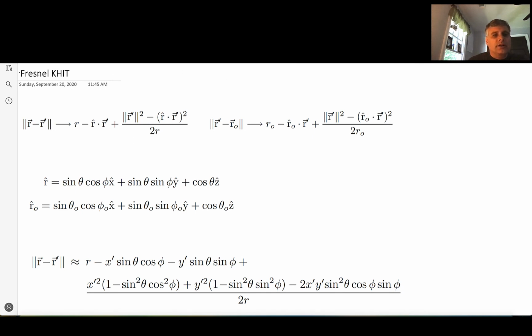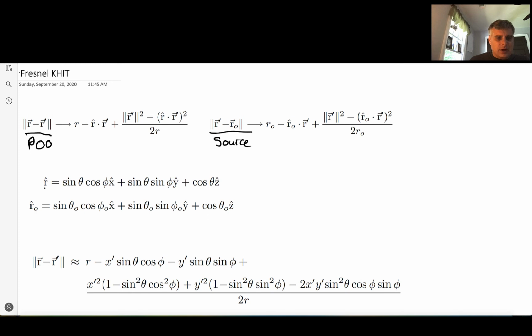So this is what we're going to wind up doing. Here's my distance from aperture to point of observation. Here's my distance from aperture to source. If I make those approximations according to our formulas on the previous page, this is what I get.